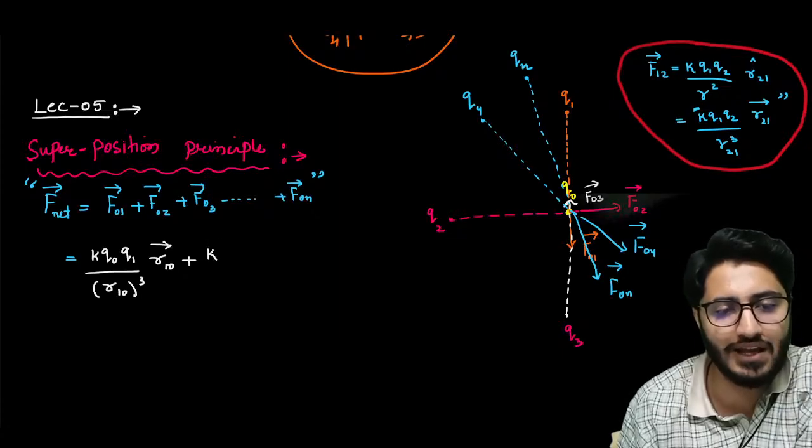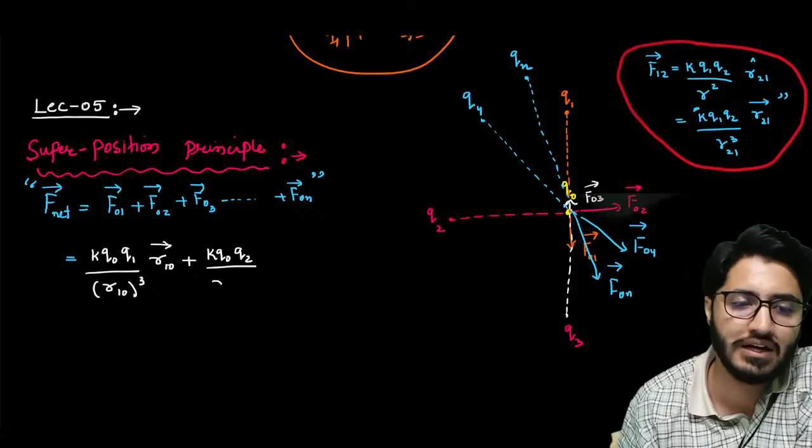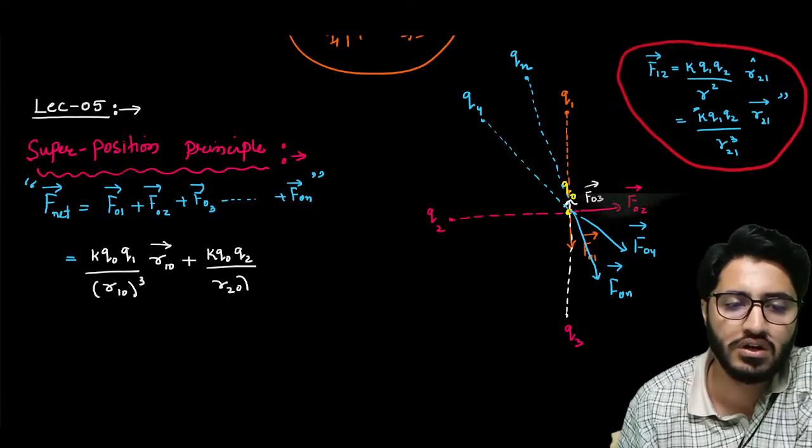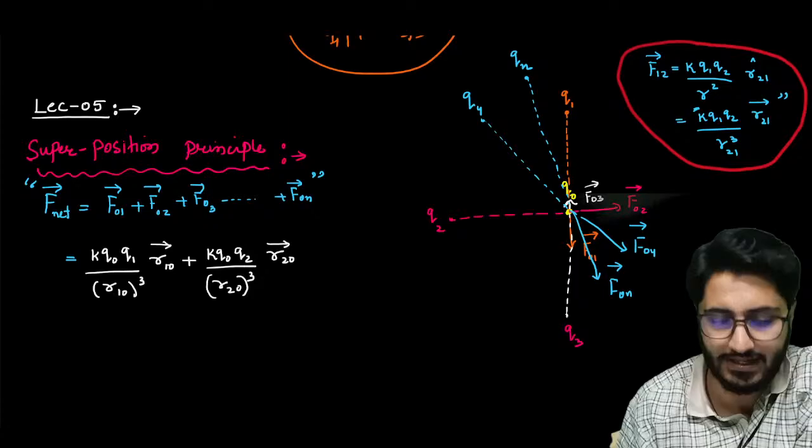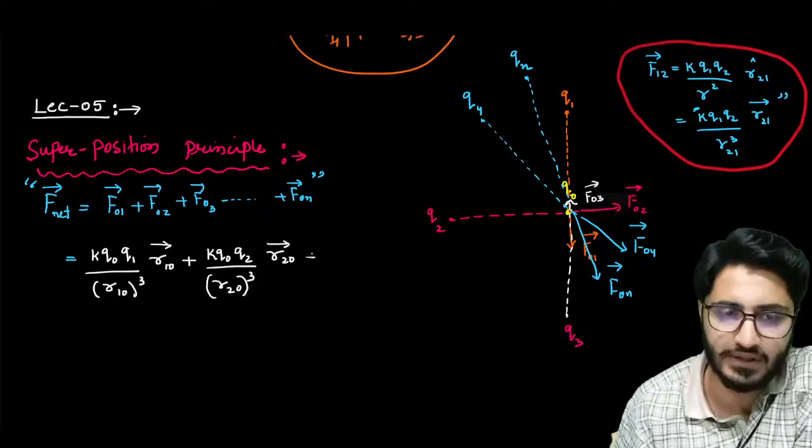I can write K, Q0, Q2 whole divided by R20 cube, then R20 vector, plus, and so on.